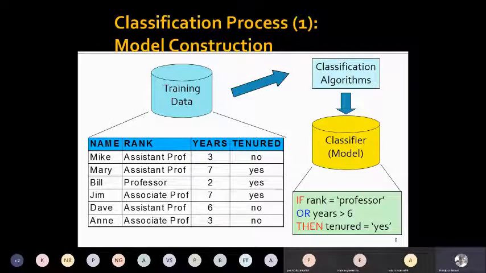And here we can do the classification based on a very simple rule: if the rank is professor or the years are greater than 6, then the person is tenured. So this is a very simple rule-based modeling. Here my model is just this if statement.